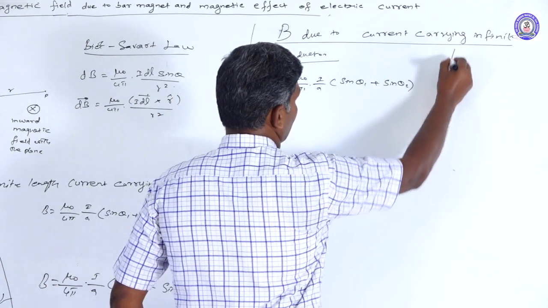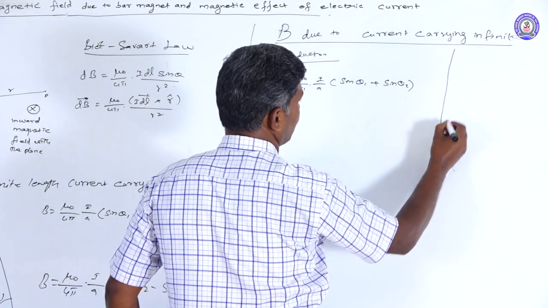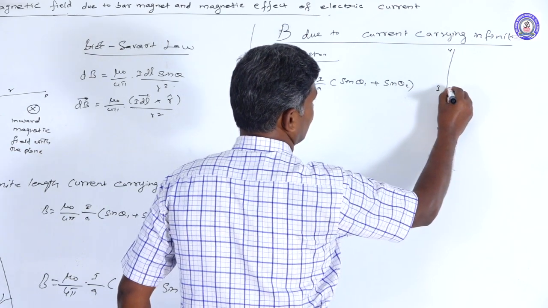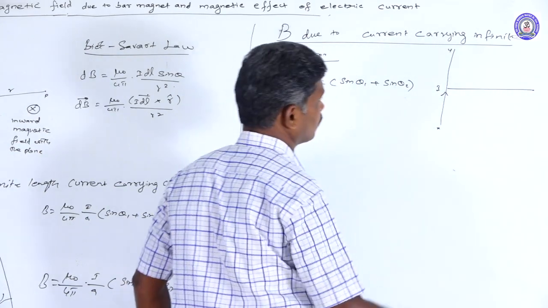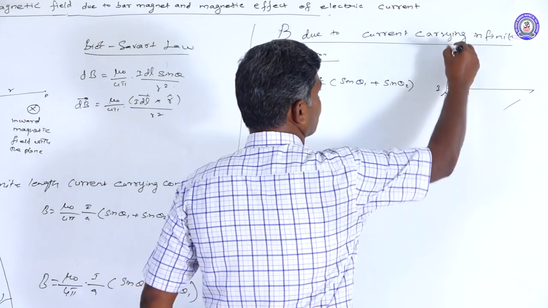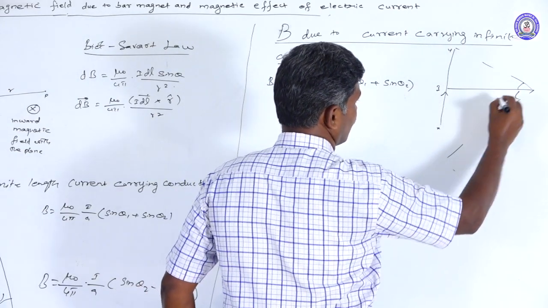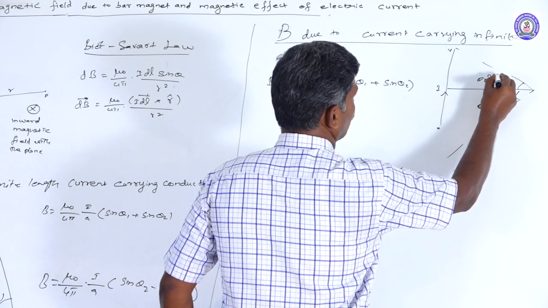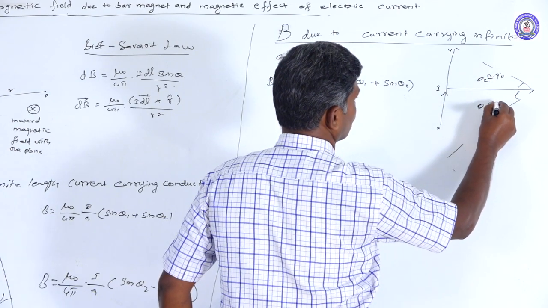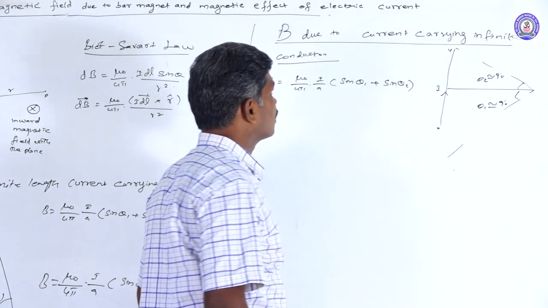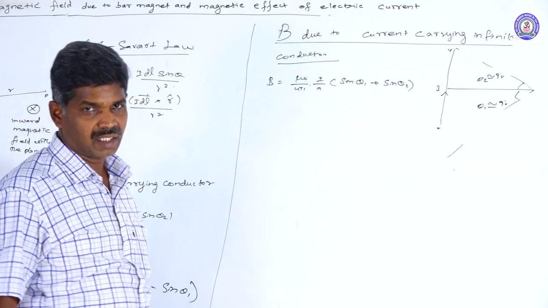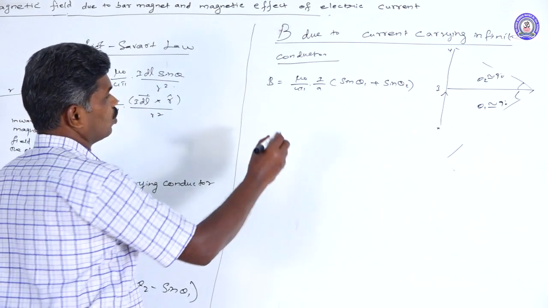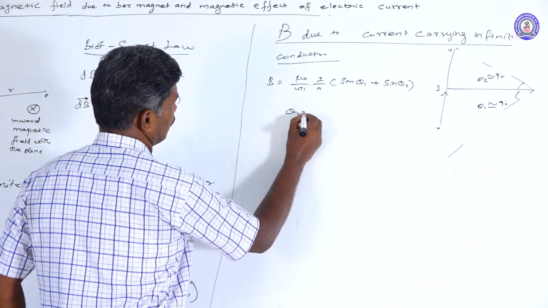If the conductor length is indefinite, we pass I ampere current through that conductor, and for a point taken, the angles at the ends, theta 1 and theta 2, are almost equal to 90 degrees for an infinite length conductor.